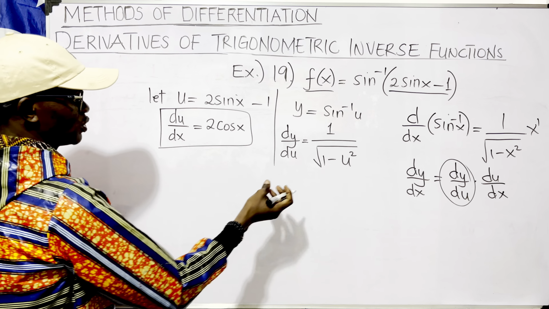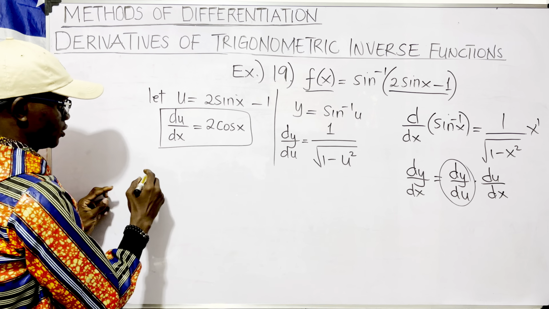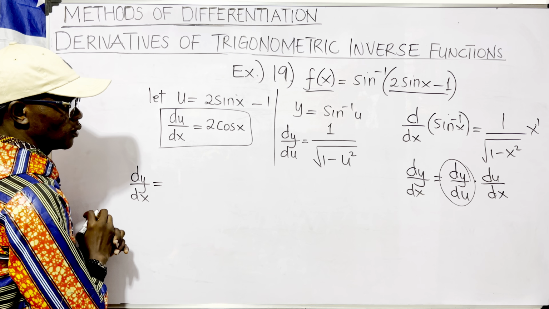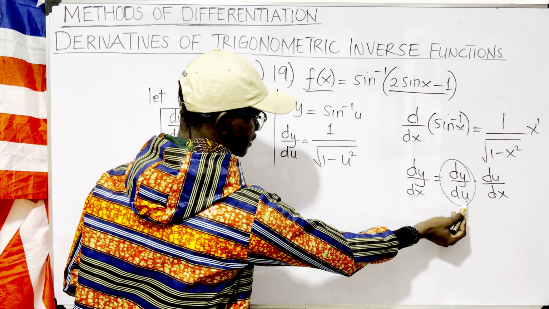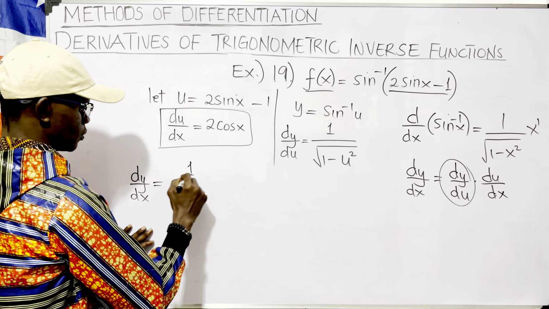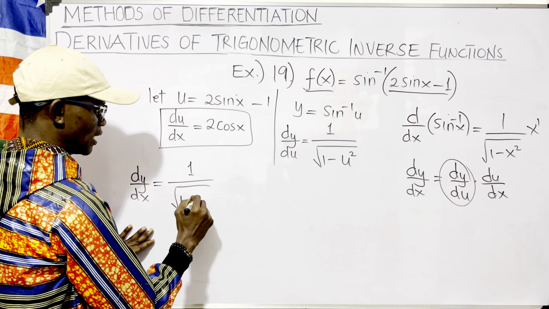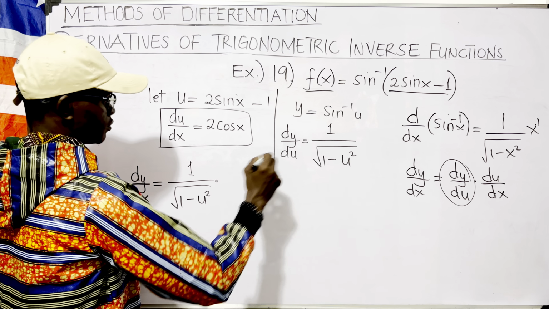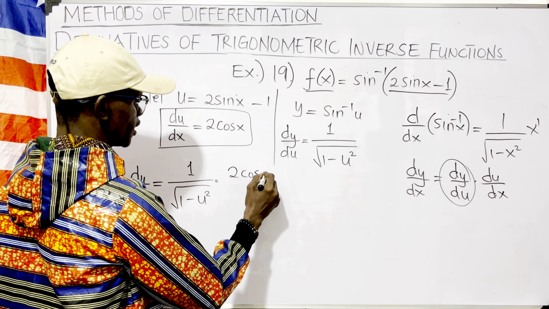Now what we need to do is just multiply these two expressions. So dy by dx is equal to dy by du, which is 1 over the root of 1 minus u squared, times du by dx, which is now 2 cos of x.